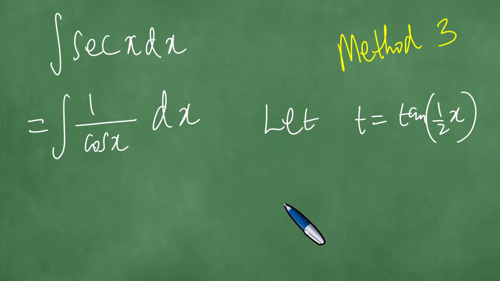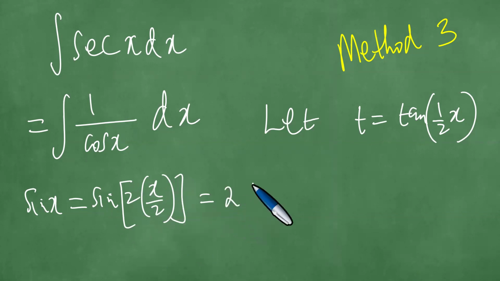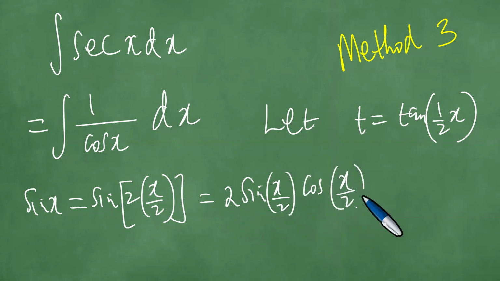And so if this is the case, we shall then be in a position to use these particular results as follows. For example, if you have the sine of x, the sine of x can be written as the sine of 2 times x over 2, which is 2 times the sine of x over 2 times the cosine of x over 2, using half-angle formulae in trigonometry.